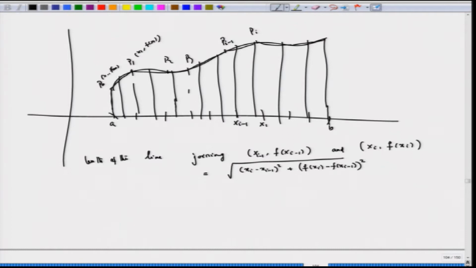Now, let us assume that our function f is a nice function, in the sense that it is differentiable and satisfies the mean value property.